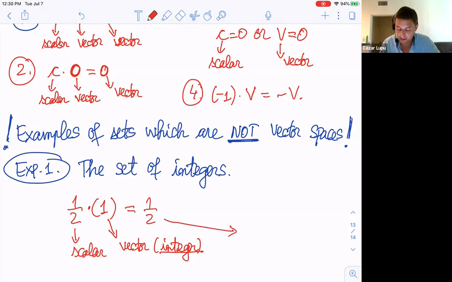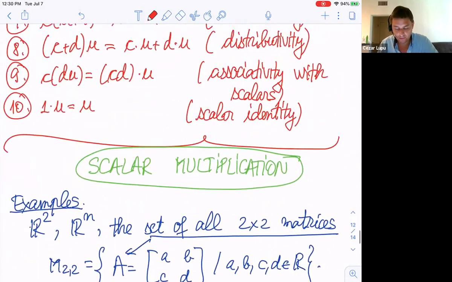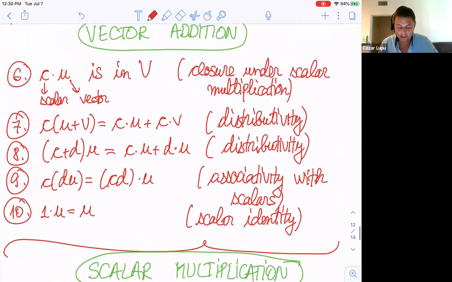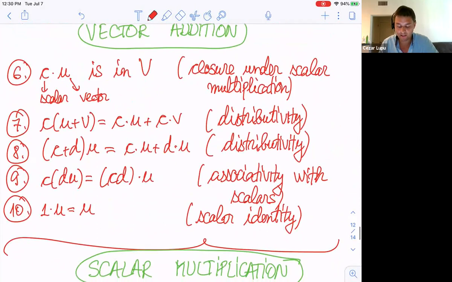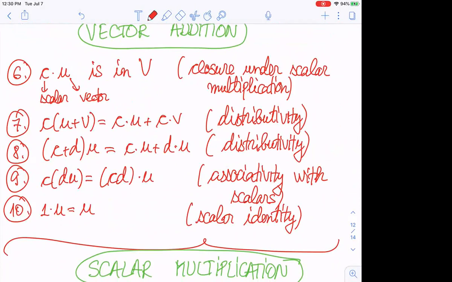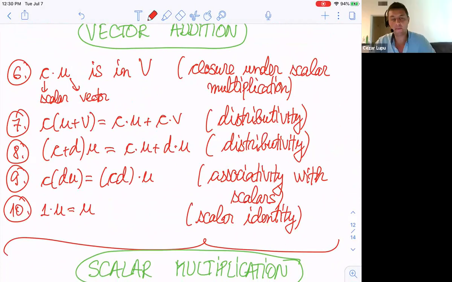But what did we say? If we look at the axioms, the first axiom, when we have scalar multiplication, must obey closure under scalar multiplication, right? Look at axiom 6.